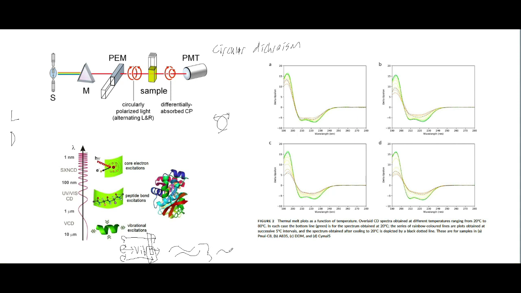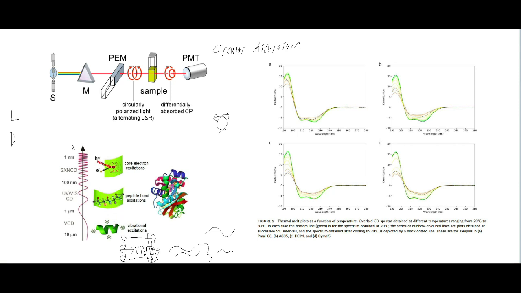It'll be smaller amplitude, where this, which was not absorbed, will have a higher amplitude. And so then we get this differentiation in the circular polarization based on whether we have these secondary structures.